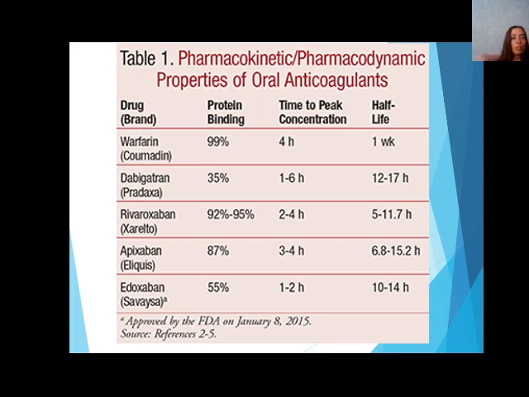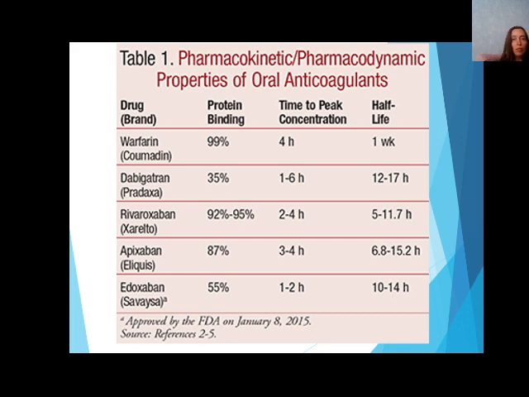The last table is about comparing oral anticoagulants. So you can see that warfarin binds with protein at 99%. It means that it has a lot of interactions between drugs.